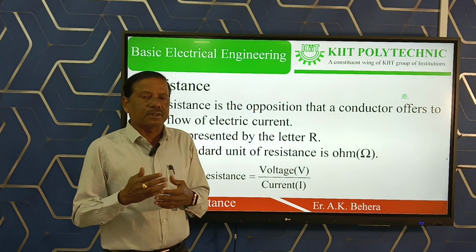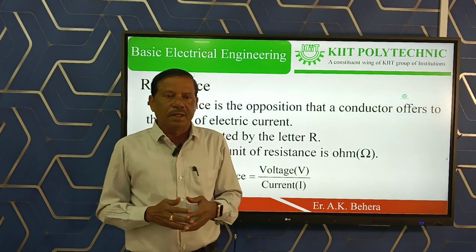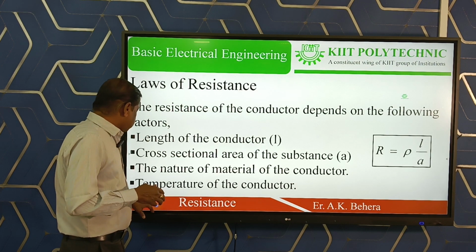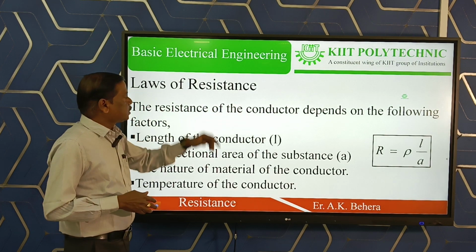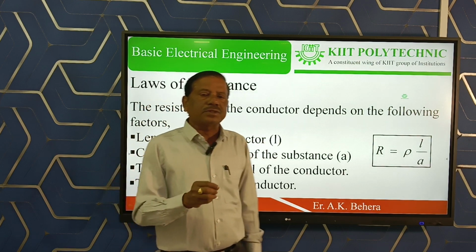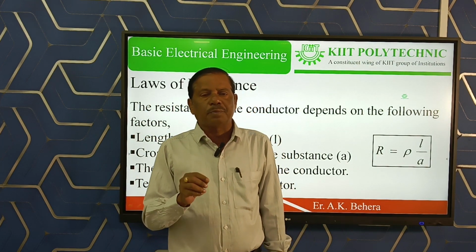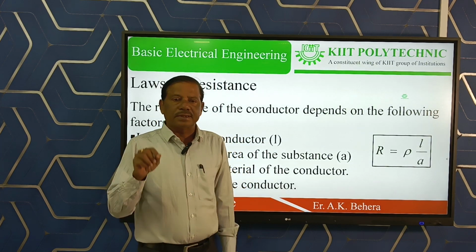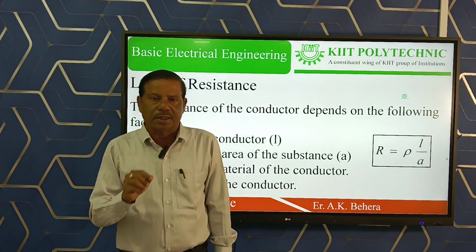Now, on which factors is resistance depending? That is called the law of resistance. So this is the law of resistance. That means the resistance of a conductor is directly proportional to its length and inversely proportional to its cross-sectional area.